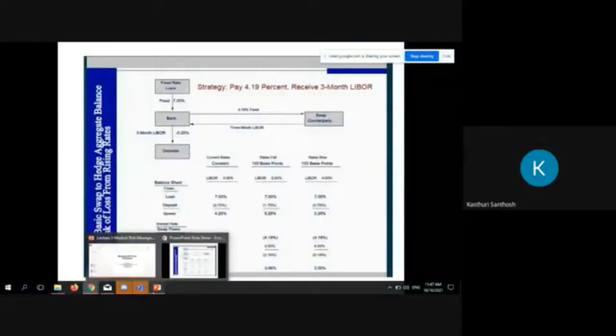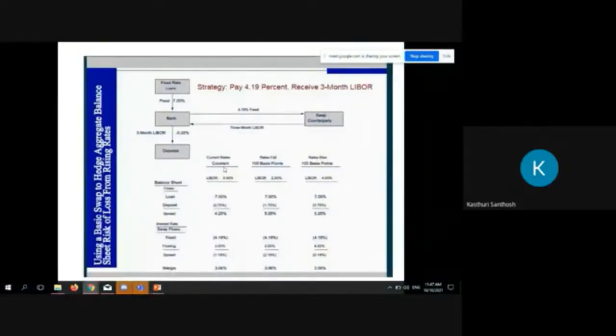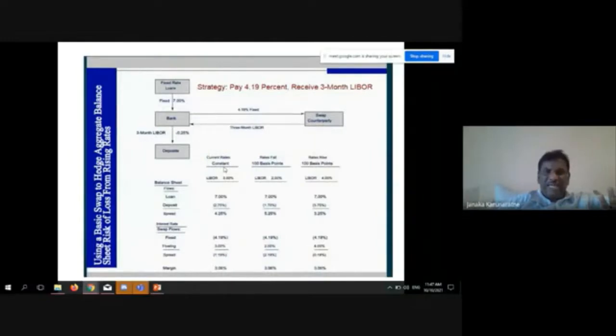If you say interest rates are going up and we have floating loans, I gave a clear position. If the current 3 months LIBOR is 5%, and the 3 months LIBOR goes up to 8%, what would be the impact on your bank? Very basic thing.